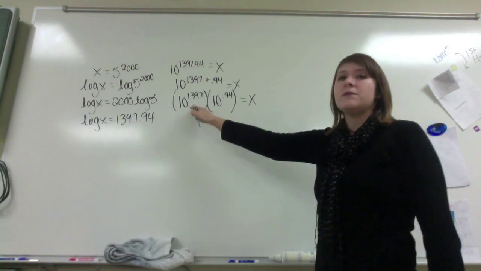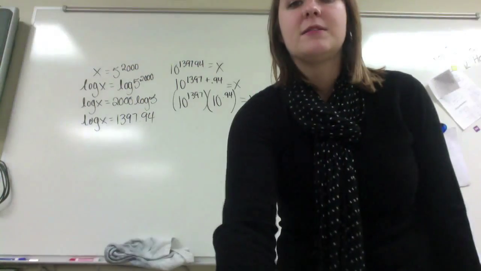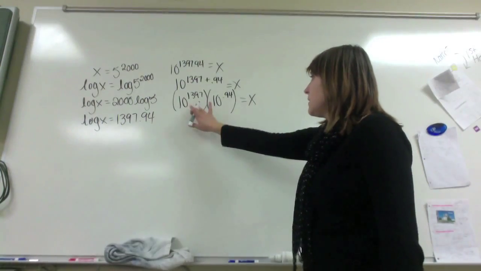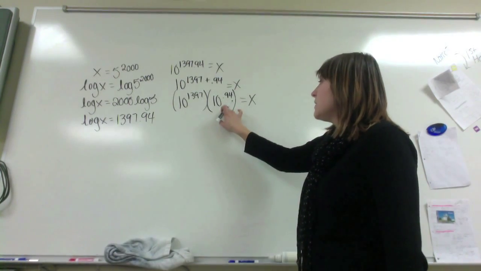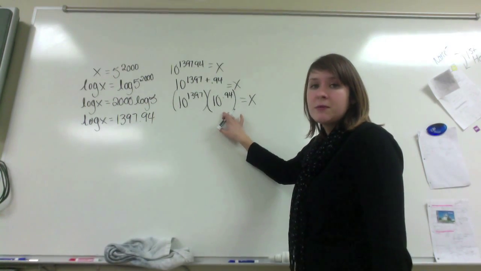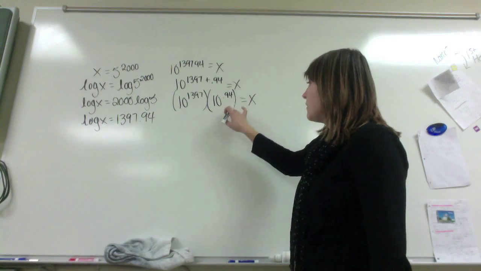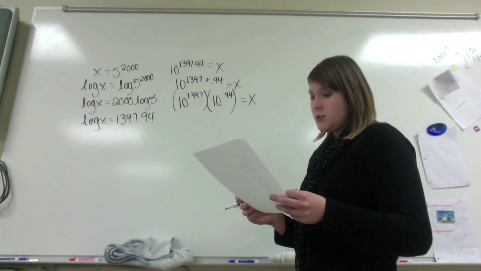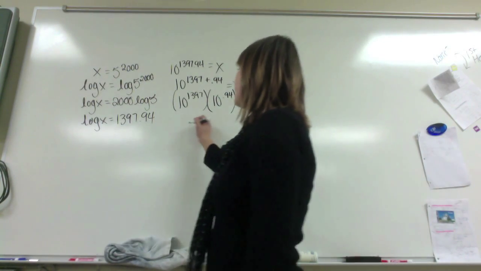Now, the first one is going to give you a huge number, but this one here is going to give you a reasonable number. So we can plug 10 to the 0.94 into our calculator, and you should get 8.709.